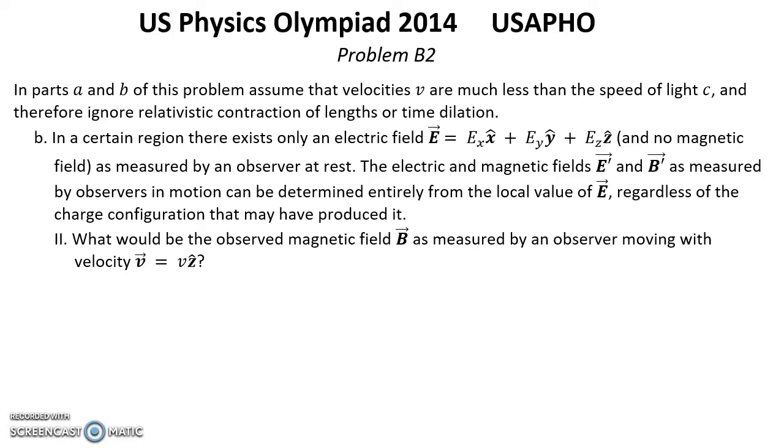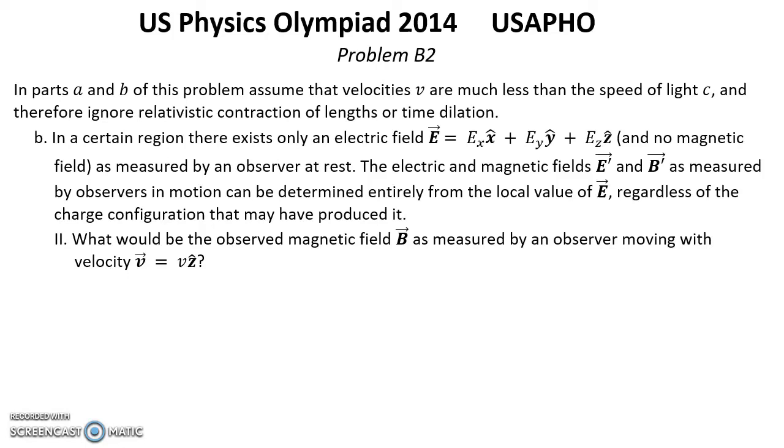When the sheet of charge was moving in the positive x direction, a magnetic field was created in the negative y direction. The observer moving in the positive x direction is equivalent to the sheet of charge moving in the negative x direction, creating a magnetic field in the positive y direction.